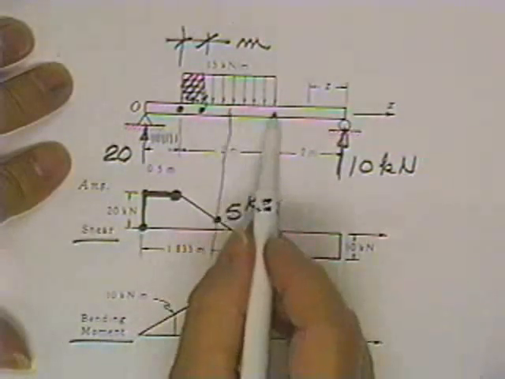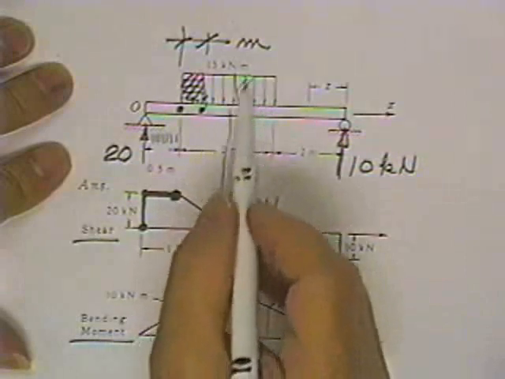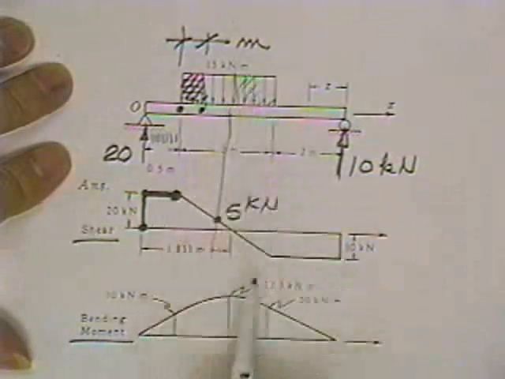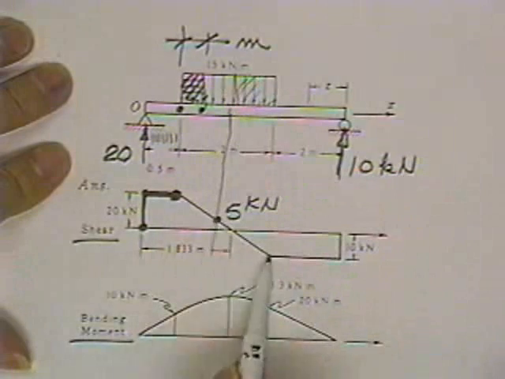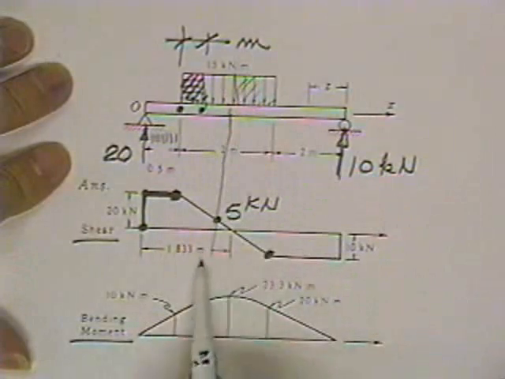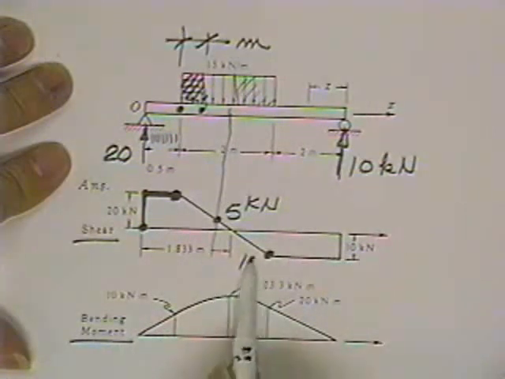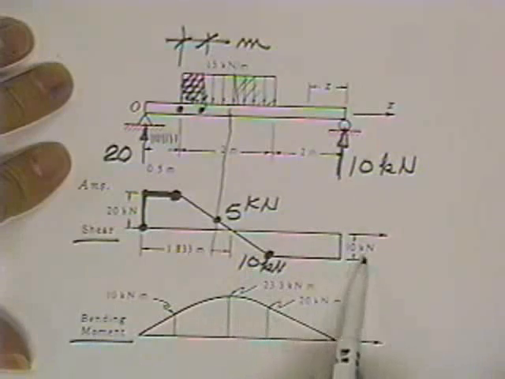You'll notice as we move another meter, it tells us to drop another 15. If we drop another 15 by the time we hit this horizontal point, then we'll be 10 kilonewtons below the line. And that's what this shows.